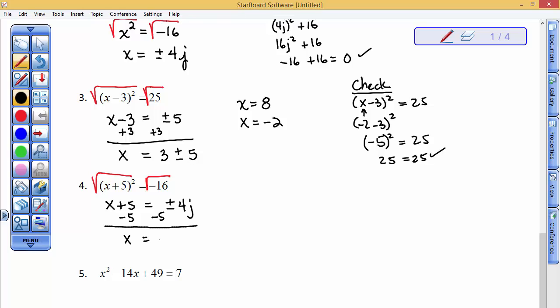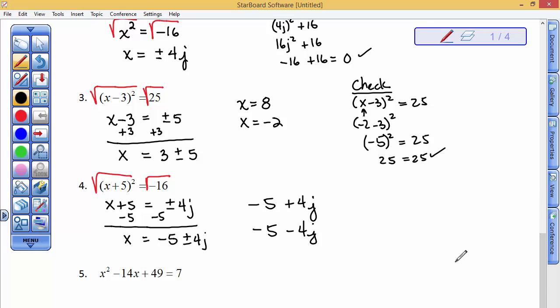So I would have a negative 5 plus or minus 4j. Yes, you could have written plus or minus 4j and then the minus 5, but I like to have the real part first and then the imaginary part. The two answers here then are a negative 5 plus 4j, real and imaginary, and a negative 5 minus 4j. Those are the two answers.